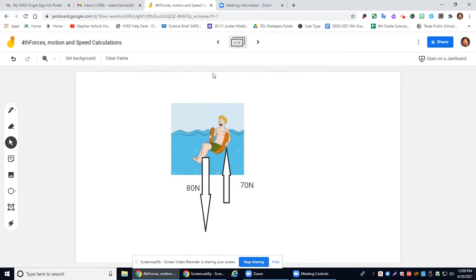All right, taking a look at number 2. Number 2 is very similar. So what force pulls him down? What force is pulling him downwards? What force pulls you down?